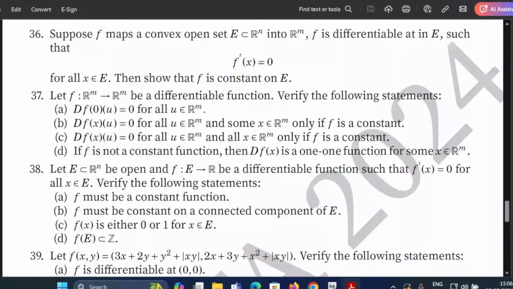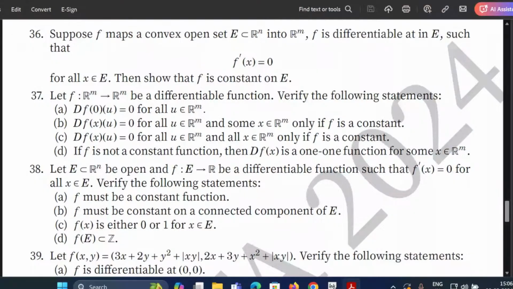Df(x) should be a constant matrix. At x, when you are operating, Df(x) is a matrix, and then you are operating on u. You can take Df(0)u. Actually, you can use the last example as well.